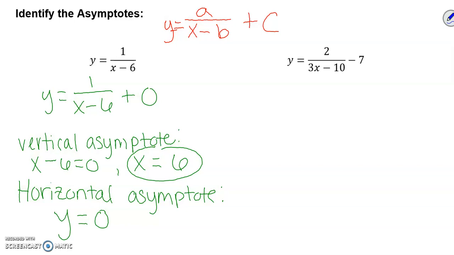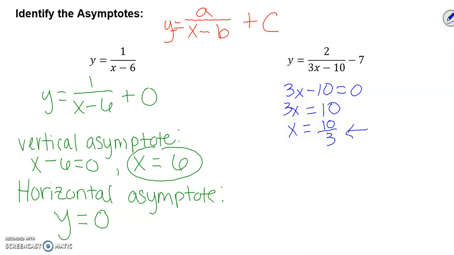So here we're going to find our excluded value for this equation on the right. So we'll set our denominator equal to 0. So we have 3x minus 10 equals 0. 3x equals 10. So x equals 10 over 3. So now we're going to find our horizontal asymptote.